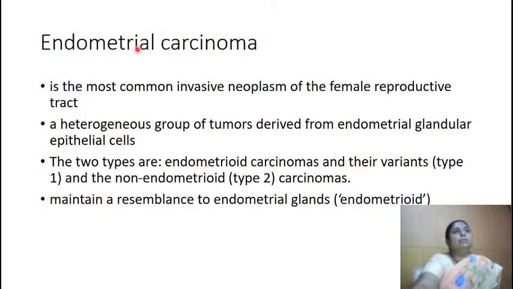So, endometrial carcinoma is grossly any tumor arising from your endometrium. Okay? And when you look at it under the microscope, and that histological section resembles your endometrial glands, then you term it endometrioid carcinoma. And the other one is the non-endometrioid carcinomas of the endometrium.